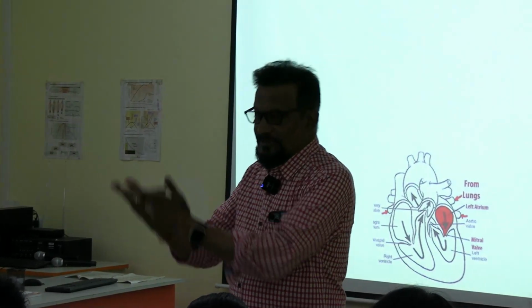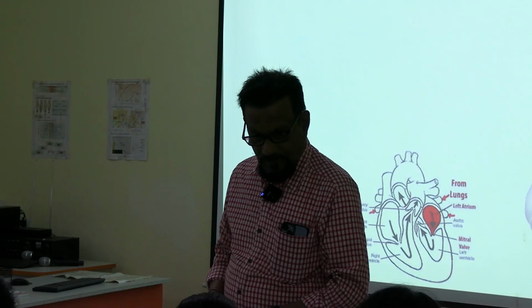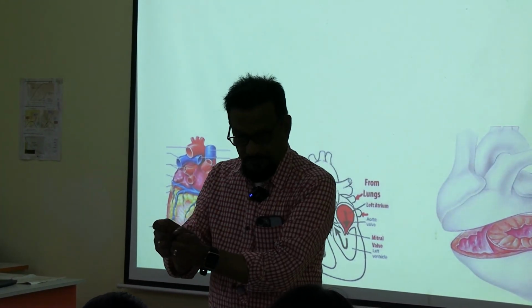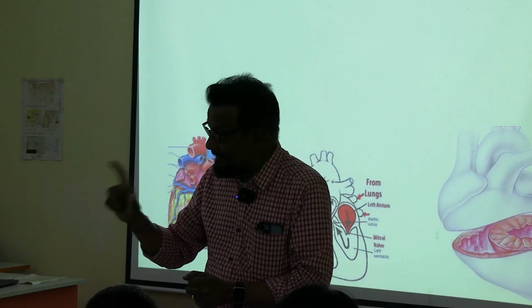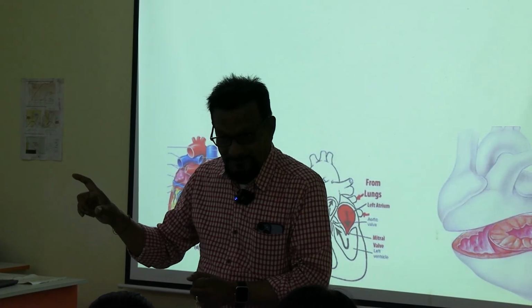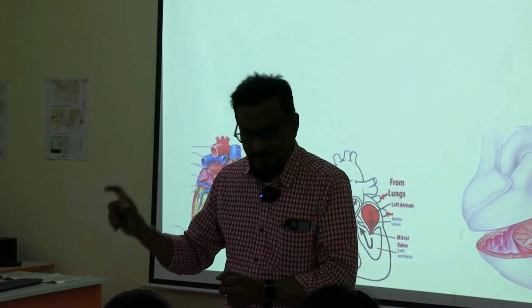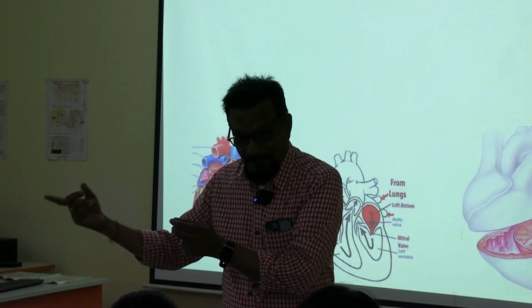But if the resistance is more, then the ventricle has to create more force. For that purpose, it needs more muscle, because the force is generated by the muscles. So there will be hypertrophy.